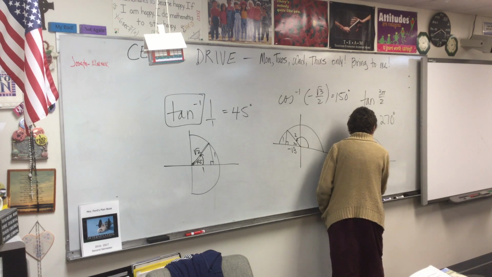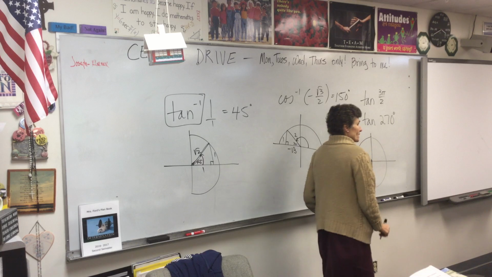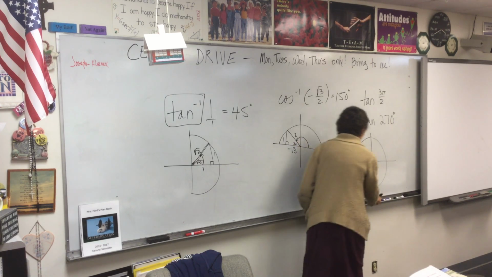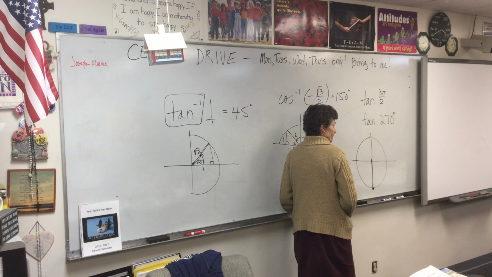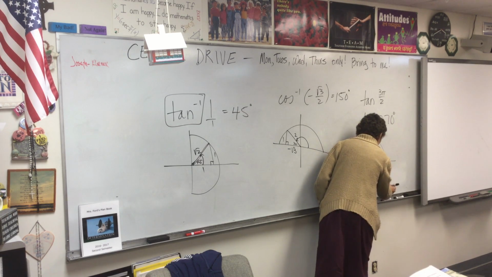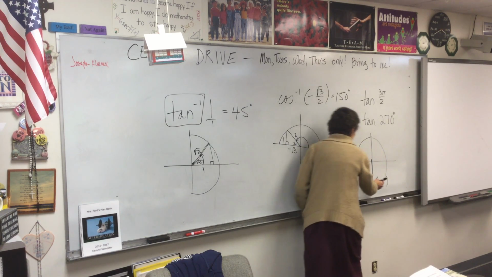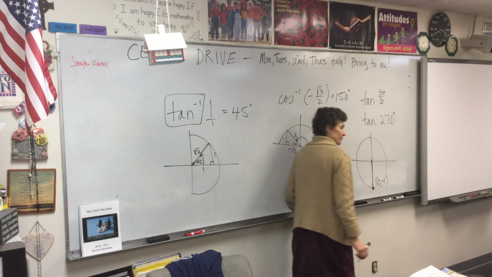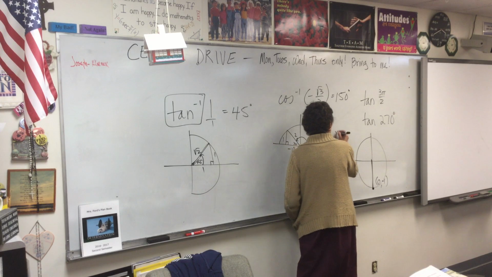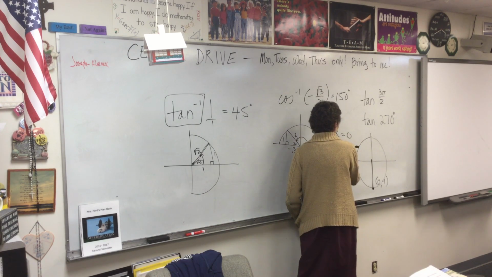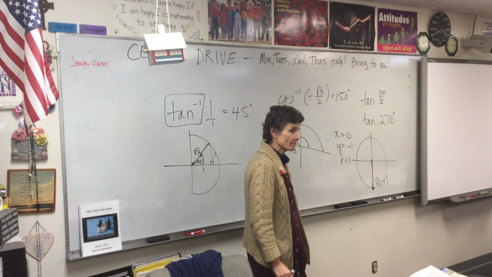It's on the line. So when it's on the line, I've got to figure out what that point is. What is that point down there? 0, negative 1. So x is 0, y is negative 1, and r is positive 1.